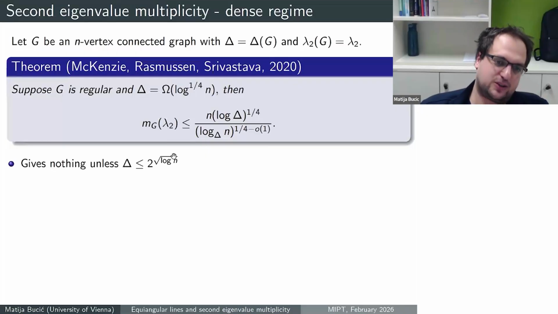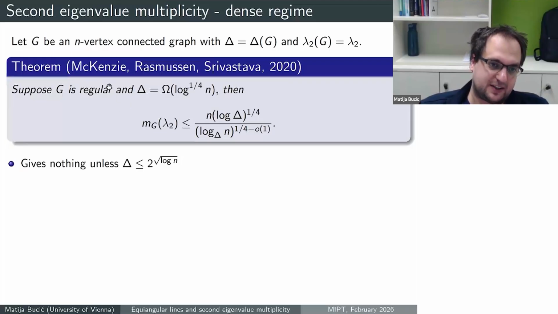But if you do, you'll notice that this becomes a trivial bound if the maximum degree is smaller than something like 2 to the root log n. So this result doesn't apply all the way to the polynomial regime. It still has an upper bound on the max degree, but it is better than assuming that the max degree is smaller than a polylog. So this is quasi-polynomial in substance.